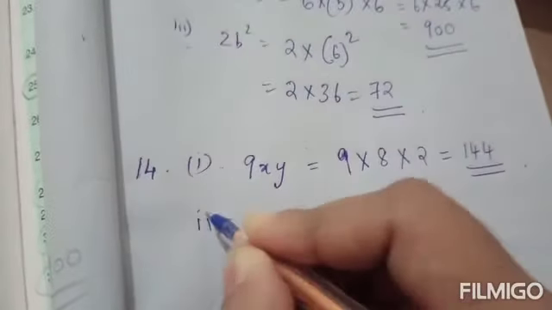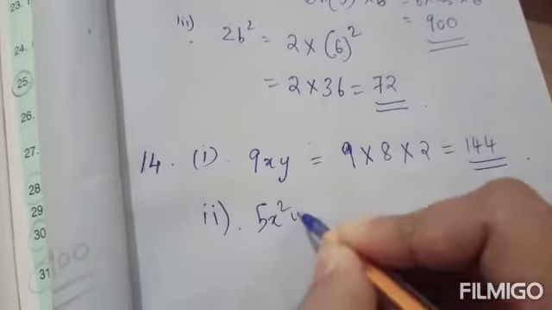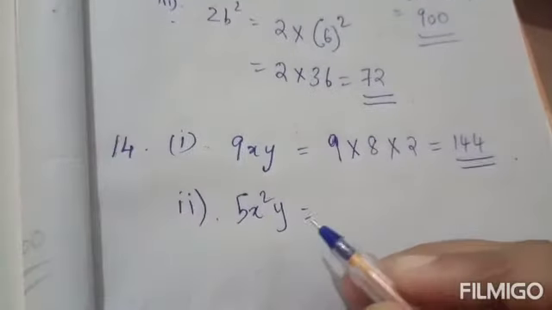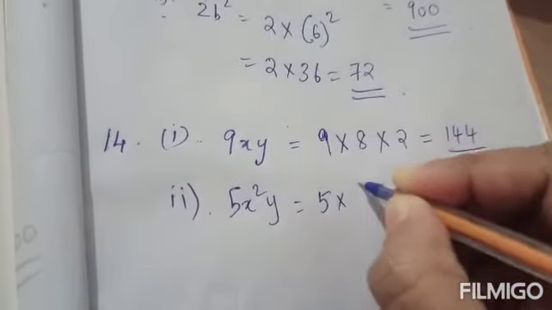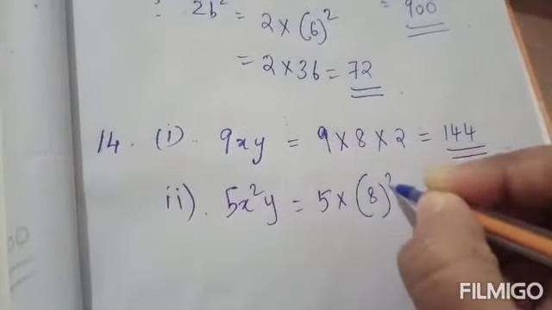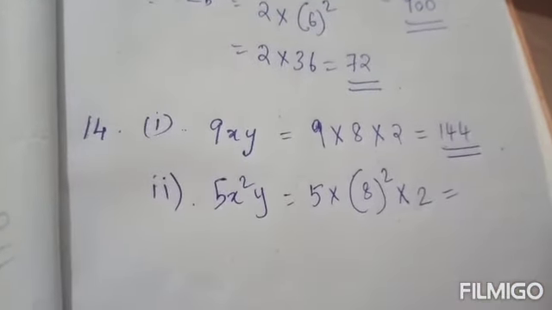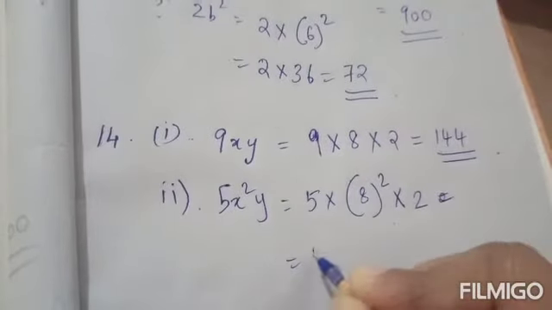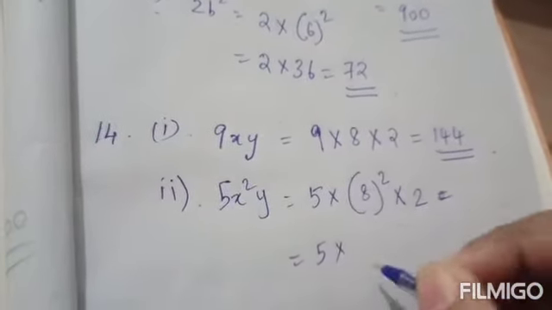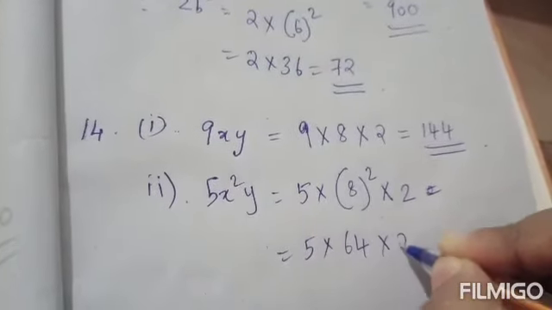Now second one, it is 5x square y. So giving x and y their values, what you will get? 5 into x square, it is 8 square, into y it is 2. So 5 into 8 square, 8 into 8, 64 into 2.